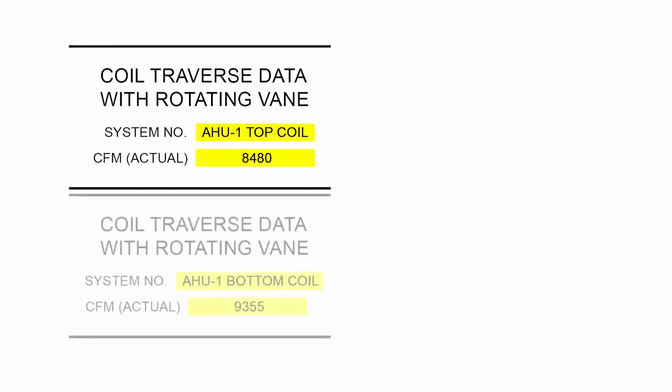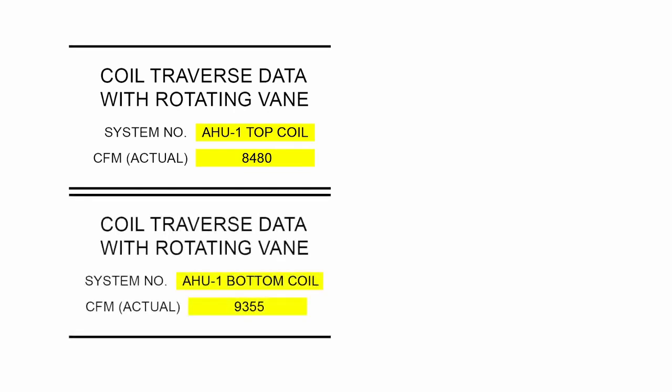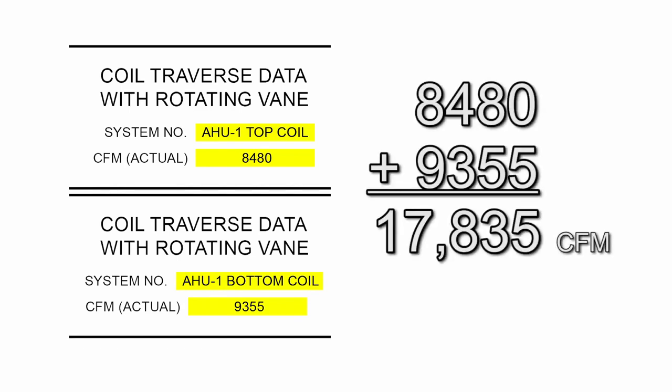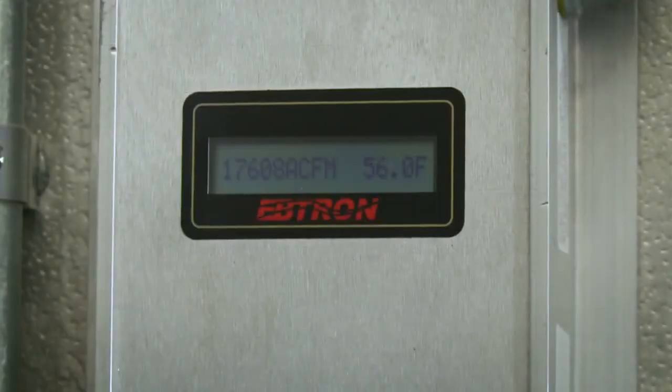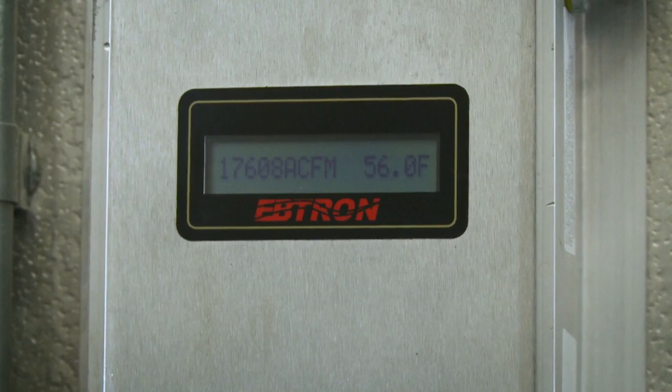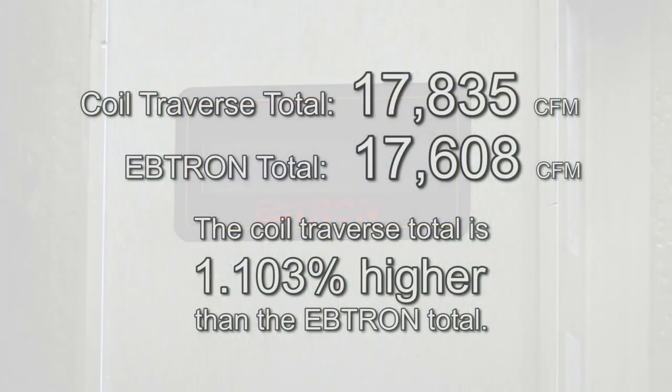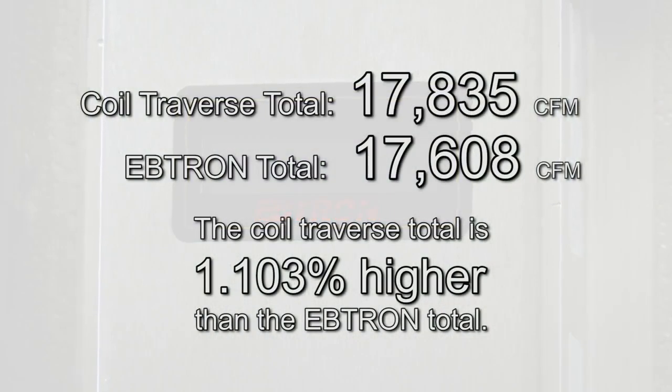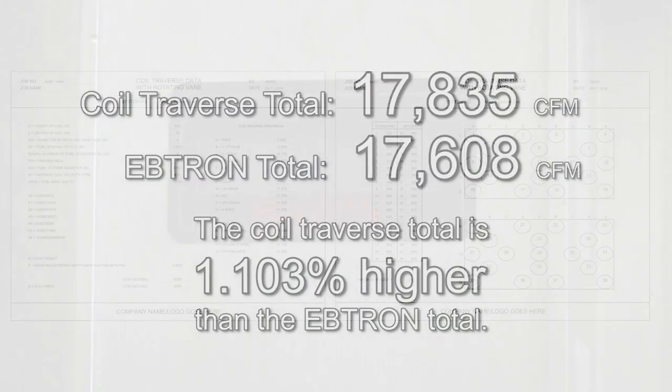The AHU1 bottom coil actual CFM is 9,355, with a total of 17,835 CFM. The Ebtron flow station's total is 17,608 CFM. Therefore, the coil traverse total is 1.103% higher than the Ebtron total.